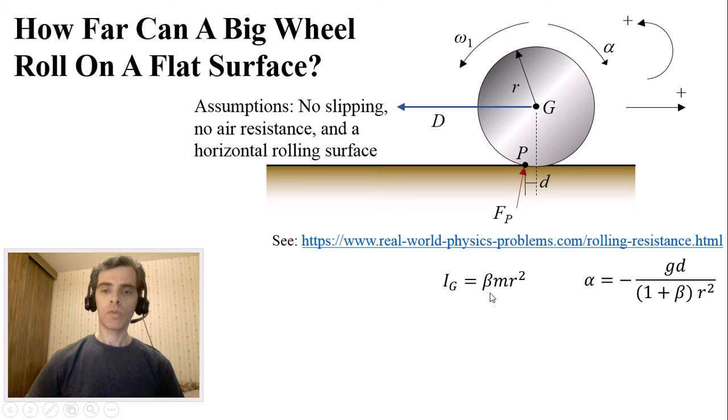So for example, for a uniform cylinder, beta would be equal to 1/2, and for a hoop, beta would be equal to 1. And alpha is equal to negative g times d divided by (1 plus beta) times r squared. Now g here is the acceleration due to gravity, which is equal to 9.8 meters per second squared.